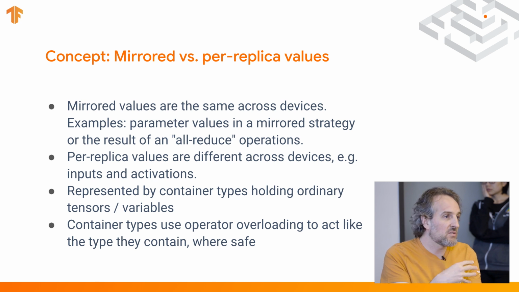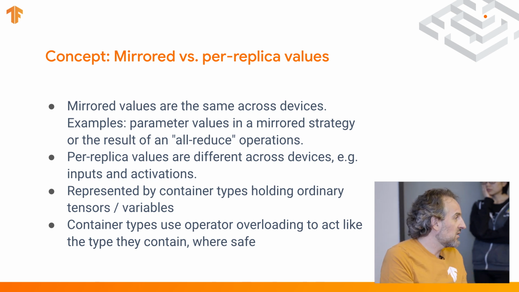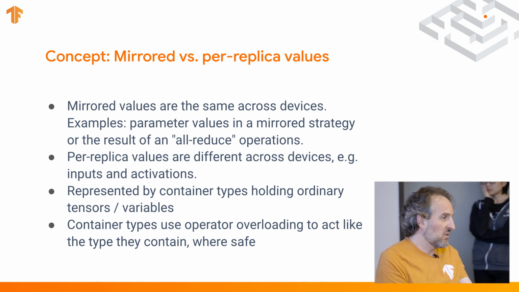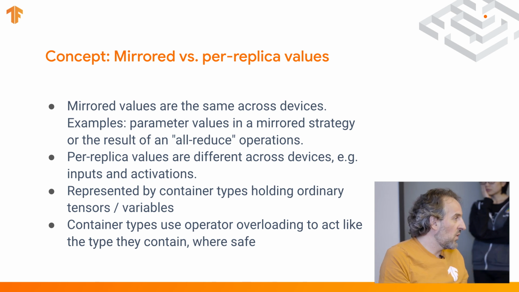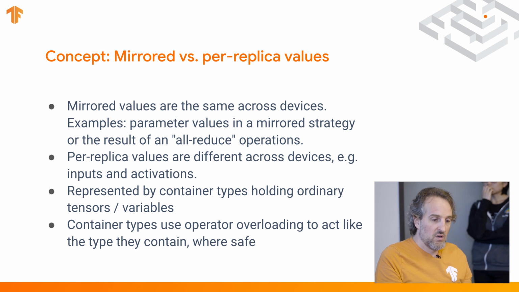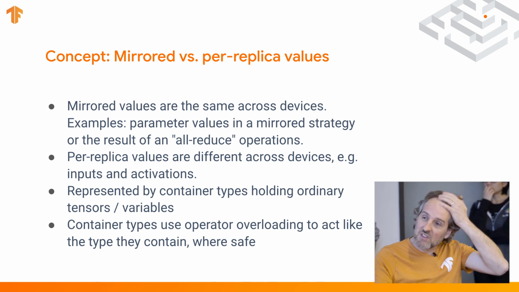These container types, like the mirrored variables, are something we can actually hand to the user. For example, the mirrored variables will be stored in the model as the model's member variables. And we've done some operator overloading so that, in the cases where the operations are safe to do on the mirrored variables, we will do them for you. Not all the operations will be safe, and I'll go into that later.